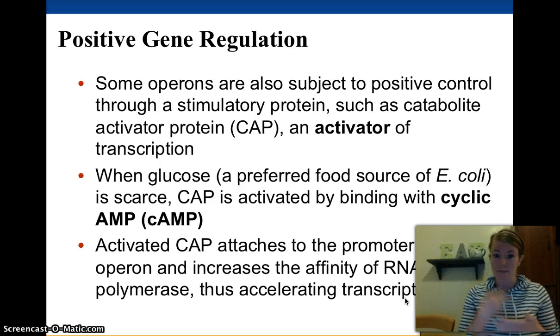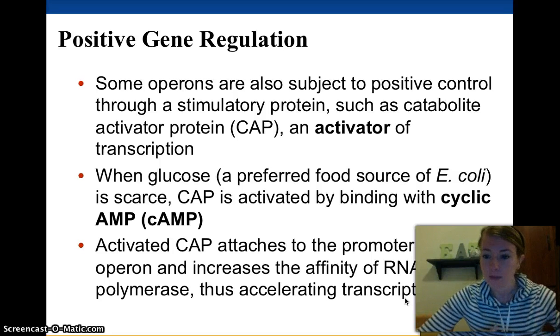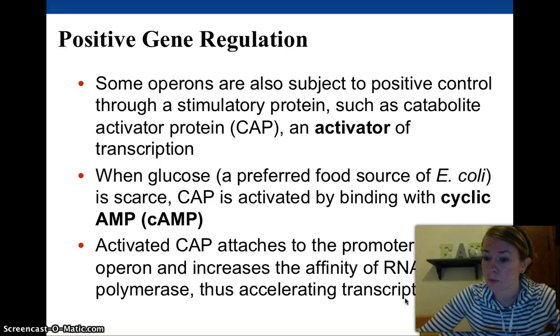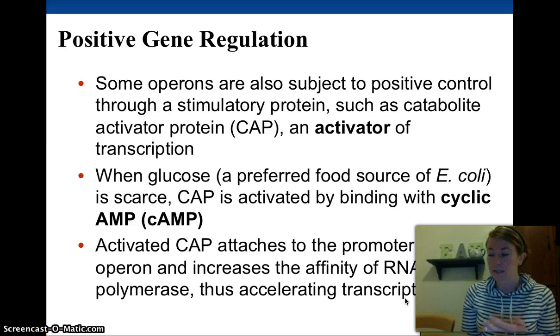The binding of this molecule is going to activate transcription. The reason for this is because bacteria, E. coli, if they have the option, would prefer to break down glucose. It's easier for them than lactose. So they're only going to break down lactose if it's there and if glucose is not.